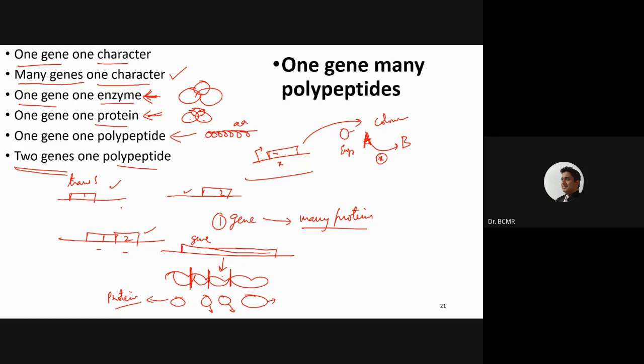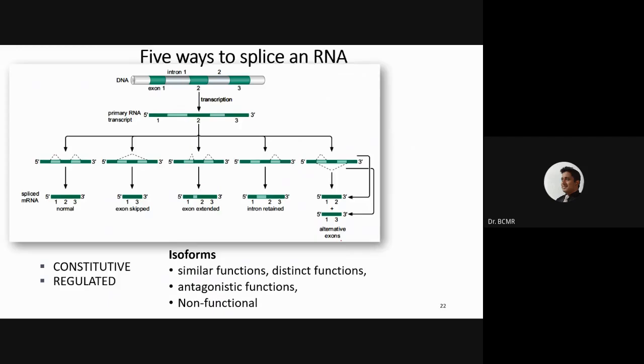And there is another way by which one gene can give rise to many proteins, and that is alternative splicing. The essence of alternative splicing is something like this. Take one gene which has exon 1, 2, and 3, and two introns, intron 1 and 2.